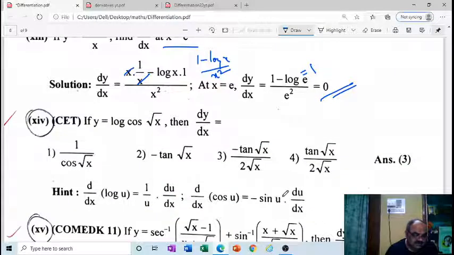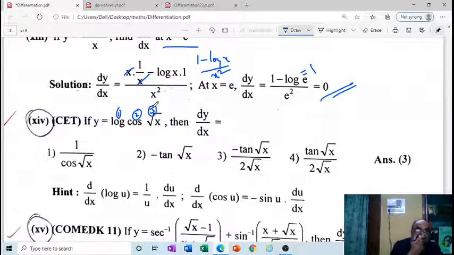Next, y equals log of cos of root x. We have a first function called log, a second function called cos, and a root function which is the third one.